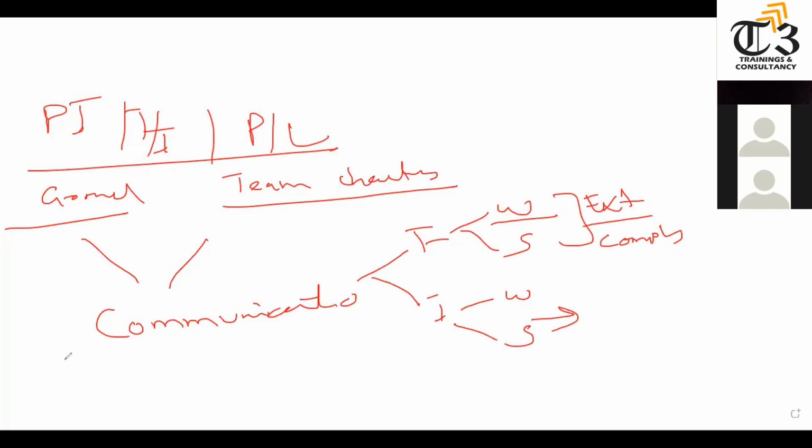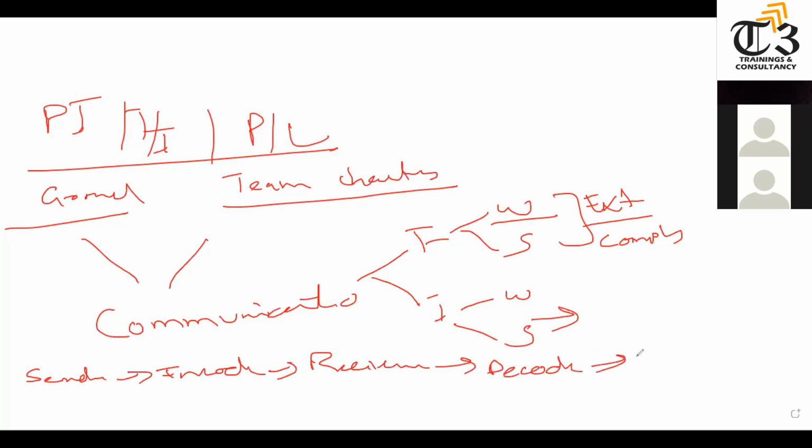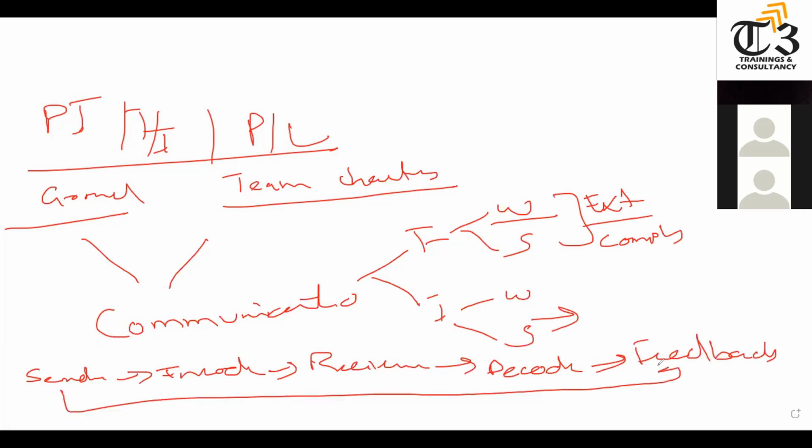There is a communication model which has the simple method: the sender will encode, the receiver will decode, and then if there are barriers in the communication, we have to collect the feedback. Whose responsibility is it to collect the feedback? It's the sender's responsibility.